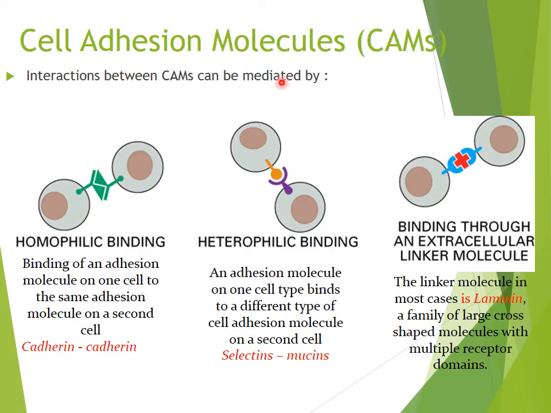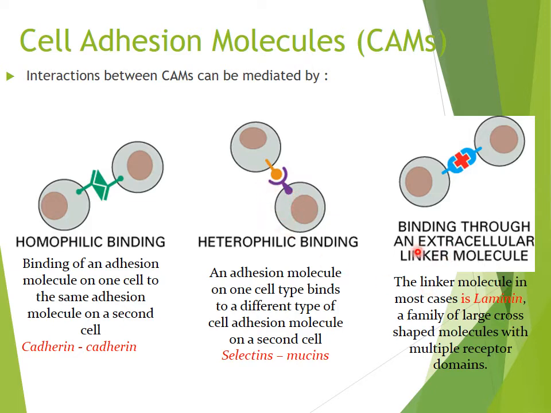Now, these CAMs can mediate three forms of binding. One is homophilic binding. For example, the cadherin type of proteins bind the adhesion molecule of one cell to the same adhesion molecule on a second cell. In heterophilic binding, an adhesion molecule of one cell type binds to a different type of cell adhesion molecule on a second cell, for example, the selectins and the mucins.